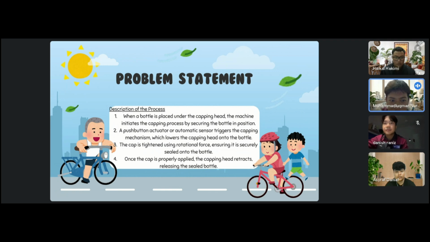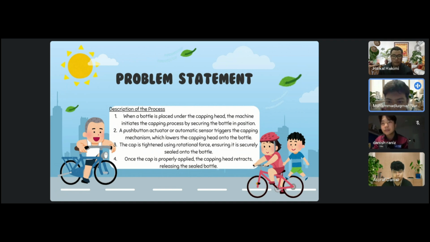This provides control over when the process starts. For the automatic sensor, in an automatic system, the sensor detects the presence of the bottle under the capping head. This eliminates the need for manual input as the machine automatically triggers the mechanism upon detection.